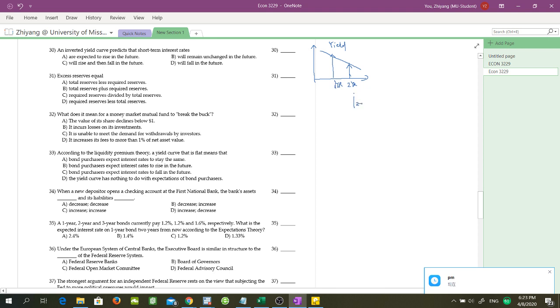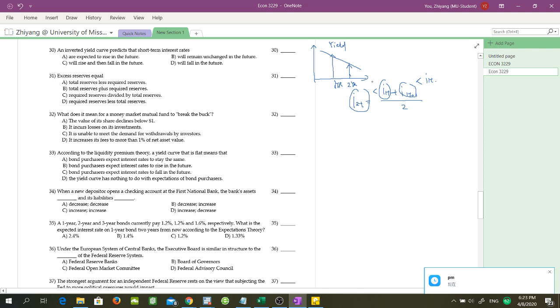So your i2t will equal the average of your i1t plus the future interest rate, i1t+1. Since i1t is greater than i2t, by taking the average, this number must be smaller than i1t. Otherwise, it would be a greater number than the i1t over here.